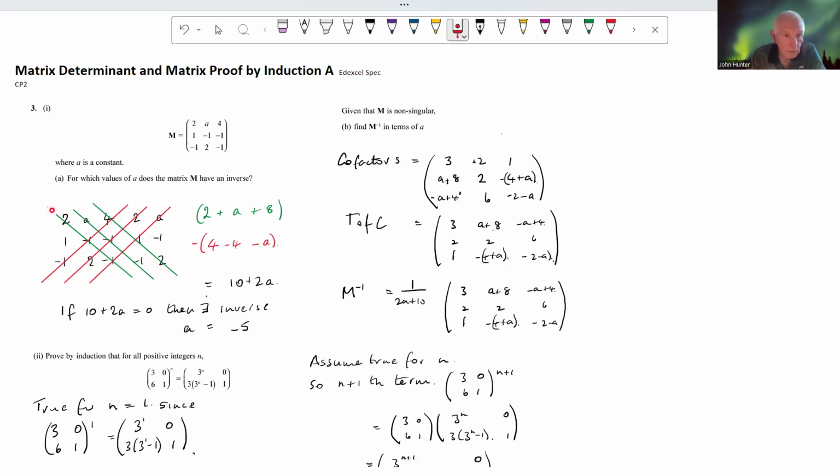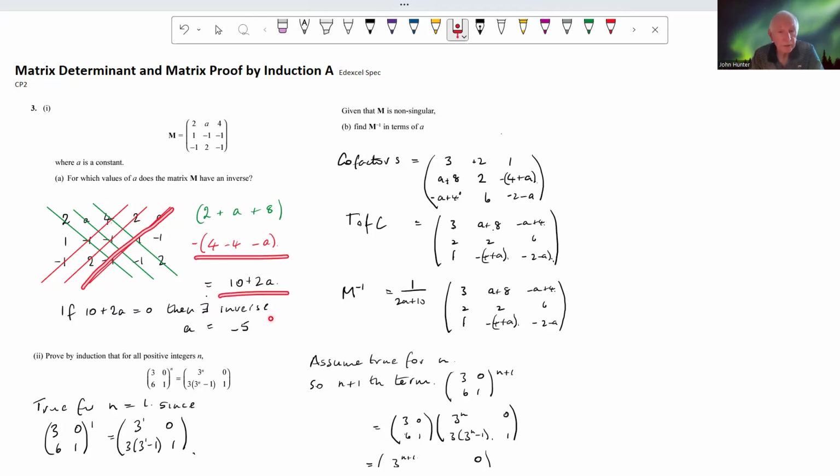Then we multiply those three, add those three products, and then add the products of those three. That's what we've got there. Then we subtract the products of those three, and those three, and those three, and that's what we've got there.